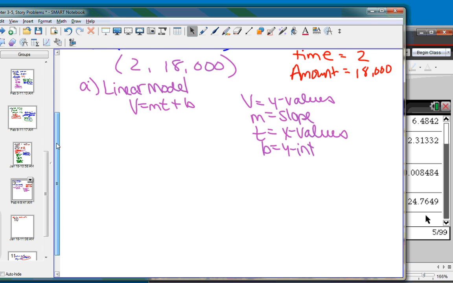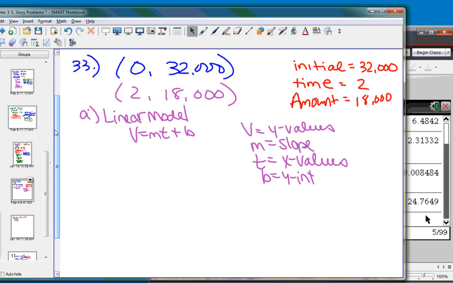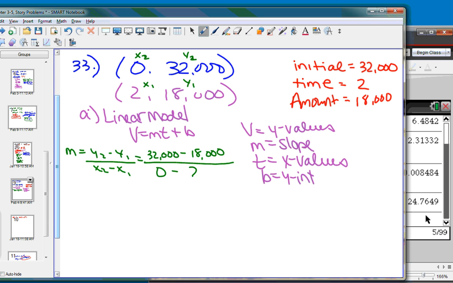Now, if I need to find the slope of a line, what do I do? Slope is y2 minus y1 over x2 minus x1. Here's x1, here's y1, here's x2, here's y2. Do we see that? Yes. So this is going to be 32,000 minus 18,000, and actually I'm going to relabel these, because it makes the math easier. 32,000 minus 18,000 all over 0 minus 2.